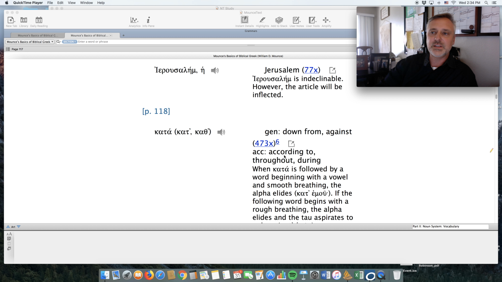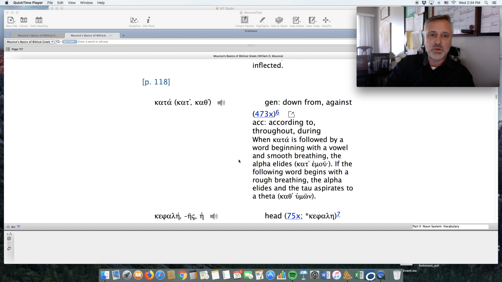One way to remember this is the titles of the Gospels in Greek: kata Matthaion, according to Matthew, kata Markon, according to Mark, kata Loukan, according to Luke, kata Ioannen, according to John. So kata means against, chop down, or according to, because of the Gospels. You can see how, when followed by a vowel, there is the elision of the alpha, or the aspiration of the tau when you have a rough breathing.